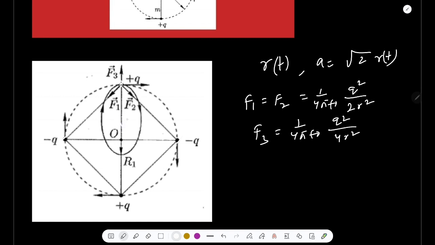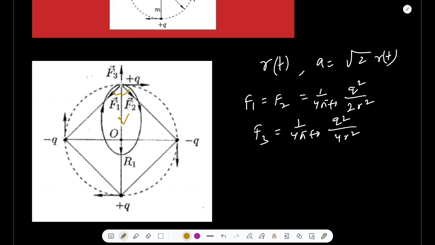F1 and F2 resultant will be in this direction, and we need to take the components, as these two angles are 45 degrees.